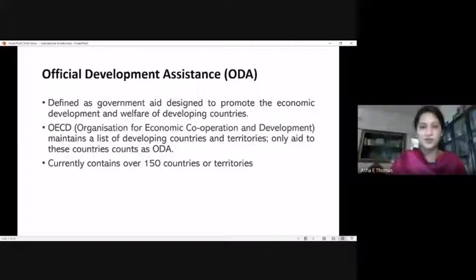It is defined as government aid designed to promote economic development, especially in developing countries. ODA, Official Development Assistance. The Organization for Economic Cooperation and Development, OECD, has identified a list of countries which can be considered for the extension of this official development assistance.